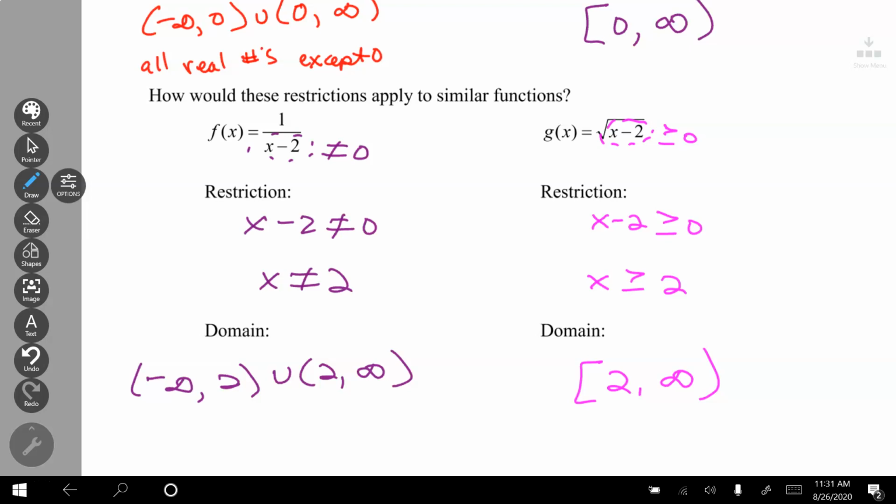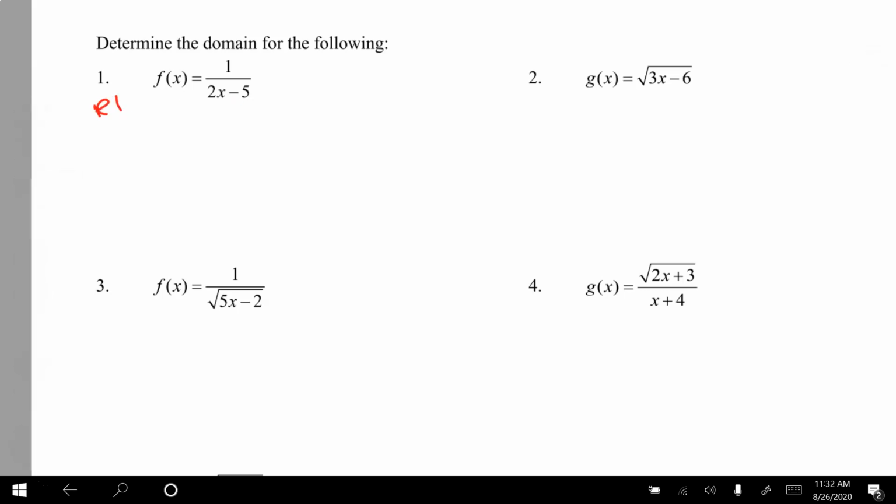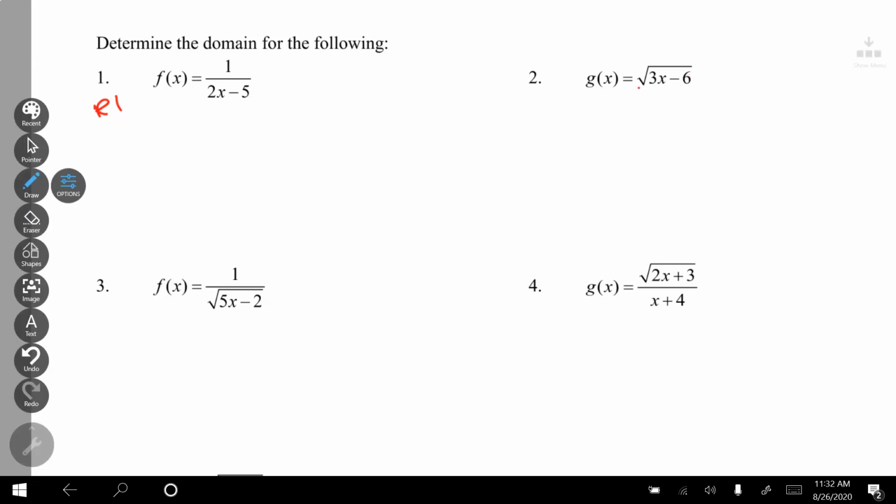On the next page, we're going to do a bunch of problems, and we're going to talk about what rules apply to which one. So I'm going to go through the examples and first talk about the rules. In problem number 1, I see a denominator, so I know I'm going to use rule number 1. On problem number 2, I see a square root. That means I'm going to use rule number 2.